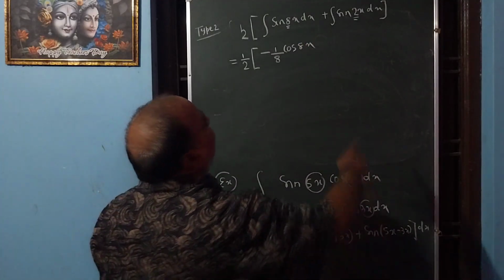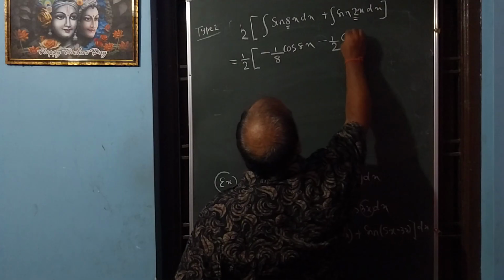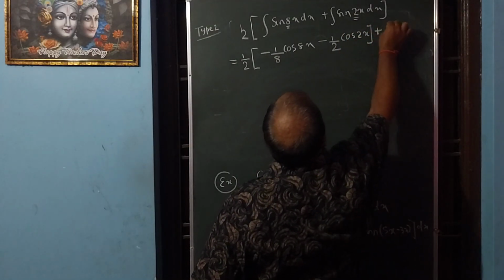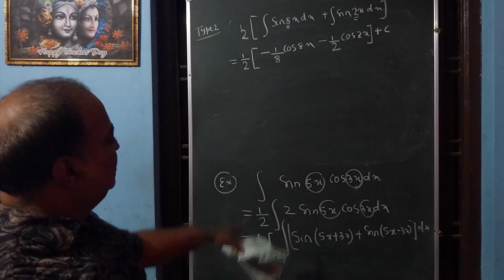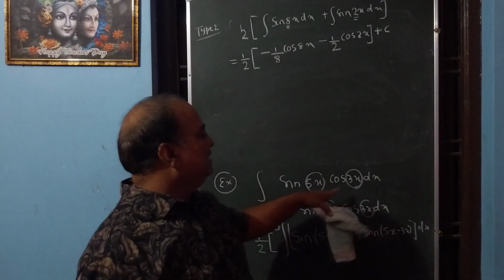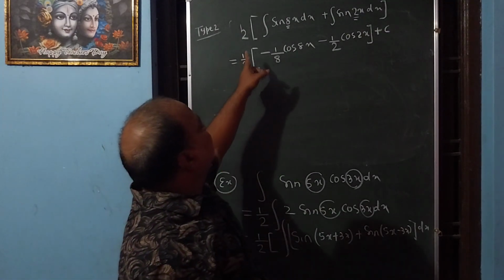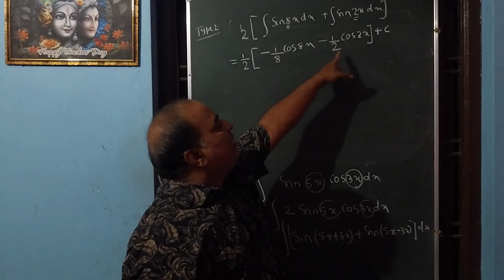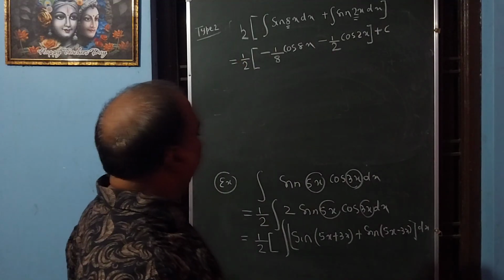So the integration of sin 2x dx is minus 1 by 2 cos 2x plus c. This is the answer of this question. The integration of sin 5x cos 3x is equal to minus 1 by 8 cos 8x minus 1 by 2 cos 2x plus c, whole multiplied by 1 by 2.